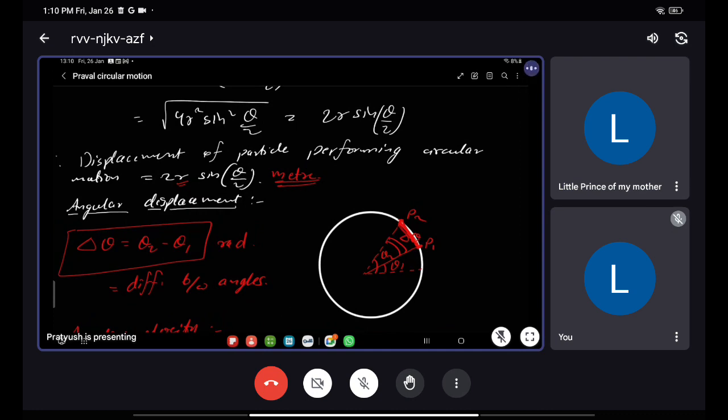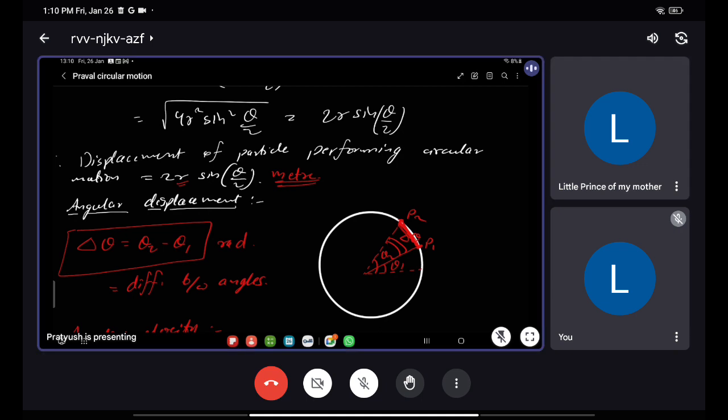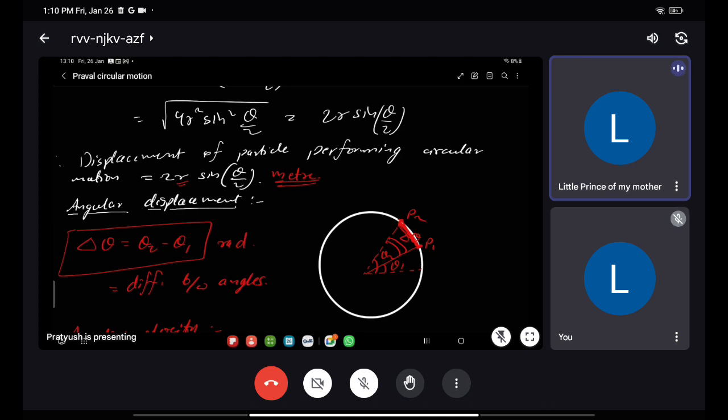Sir, this 2r sin theta by 2, is it the linear displacement we need to consider? Yes, that is not the length of arc. This is displacement. Length of arc is different. The length of the circular arc which it is covering on the periphery is different, and this is different. Sir, this PA we can say is linear displacement.